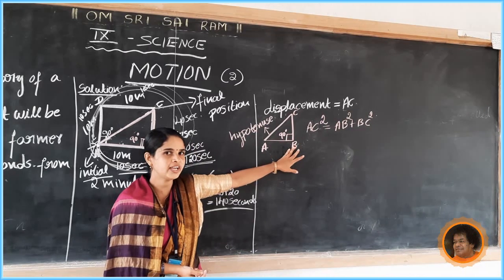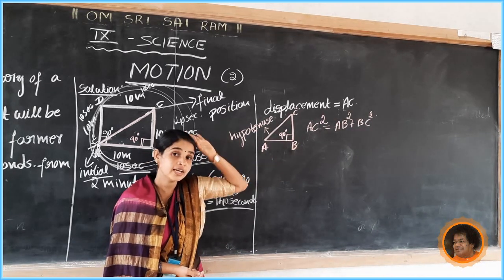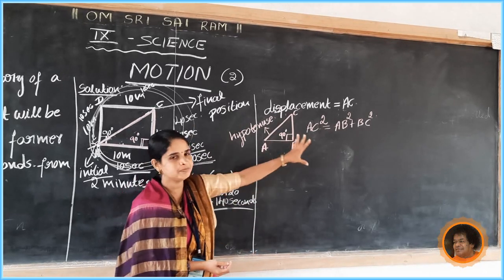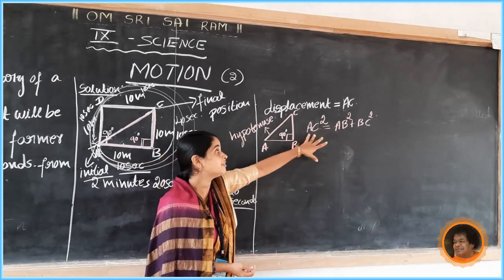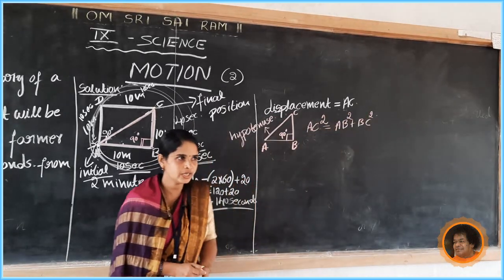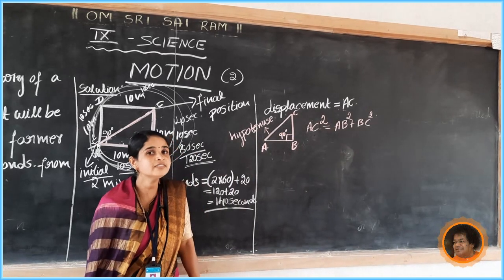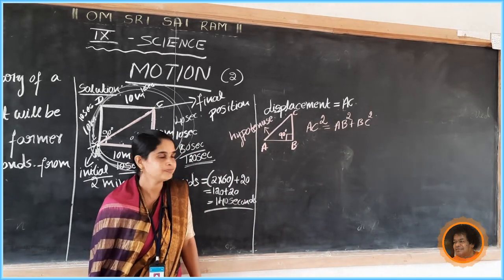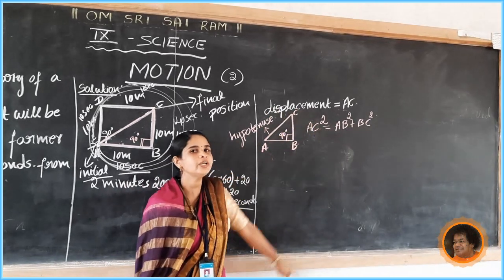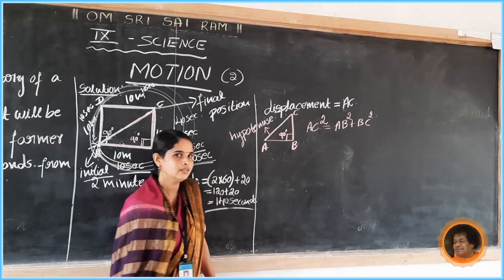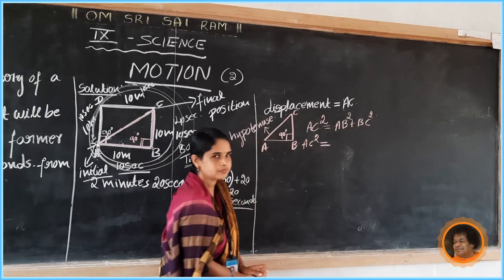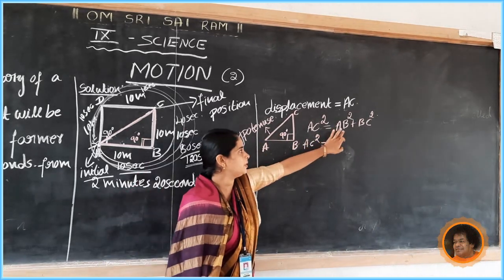Okay, in triangle ABC, it is a right angle triangle. So AC square equals AB square plus BC square. Here AC is displacement, so first calculate the value of AC. Next step, AC square equals AB square.